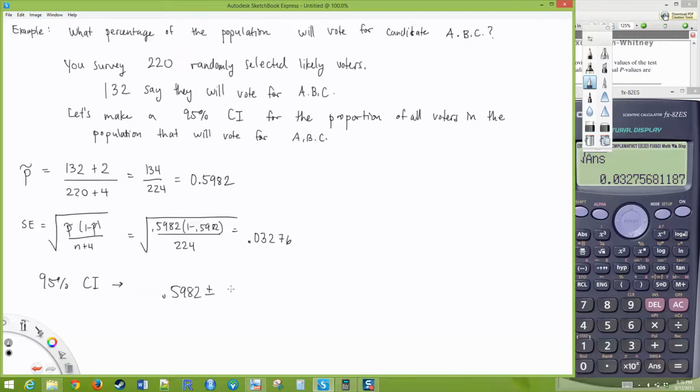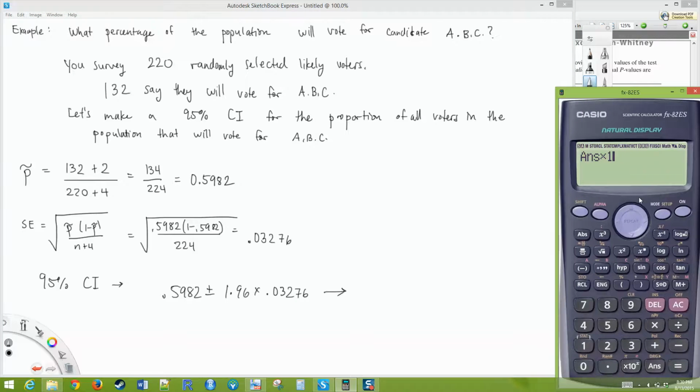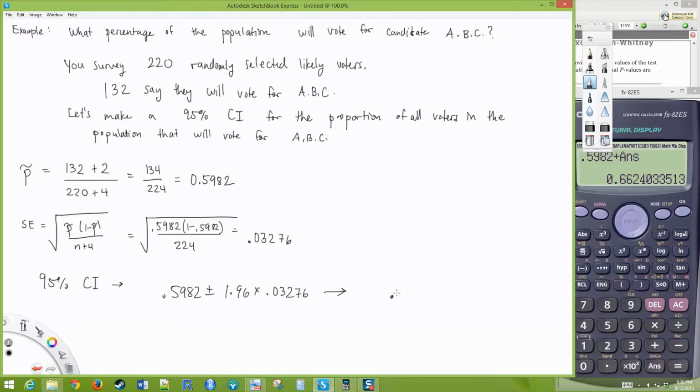So my 95% CI says 0.5982 plus or minus 1.96 times 0.03276. Huh? Is that possible? I got a different number. What did you get for your standard error? 0.10007.